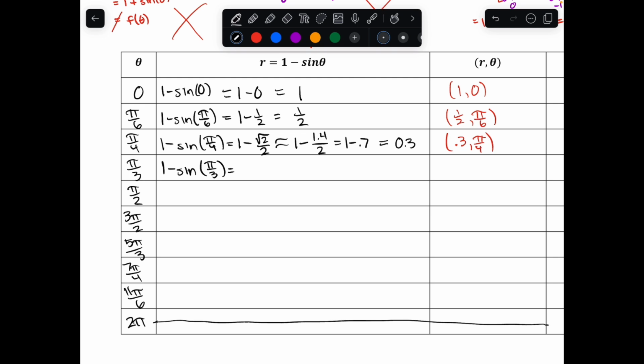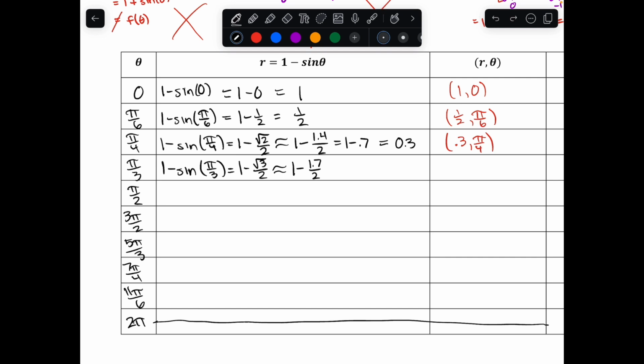That's going to be equal to 1 minus the square root of 3 over 2. Now again, if you have the calculator, just get the exact value. But if you don't, it's a good trick to remember that the square root of 3 is almost 1.7. It's actually a little bit bigger, but 1.7 is good enough. So this is approximately equal to 1 minus 1.7 divided by 2.